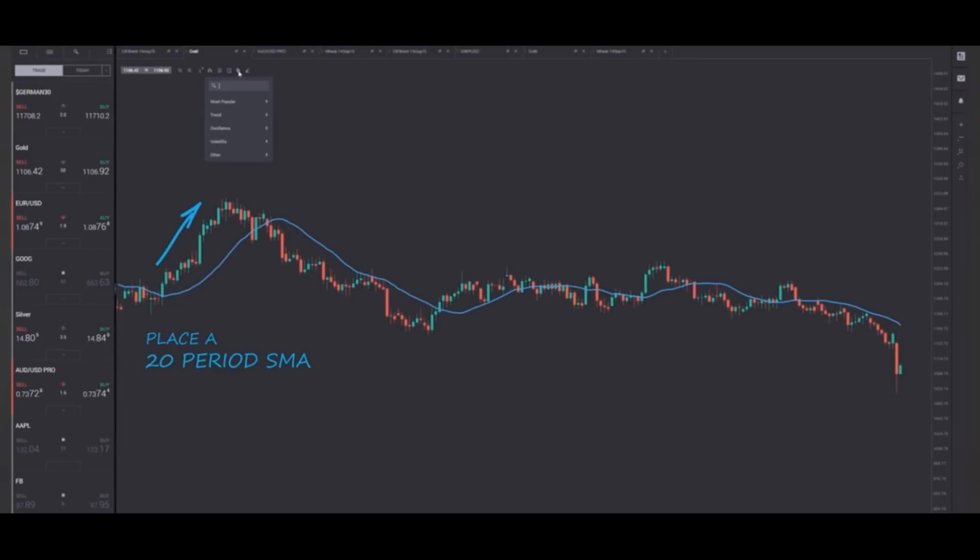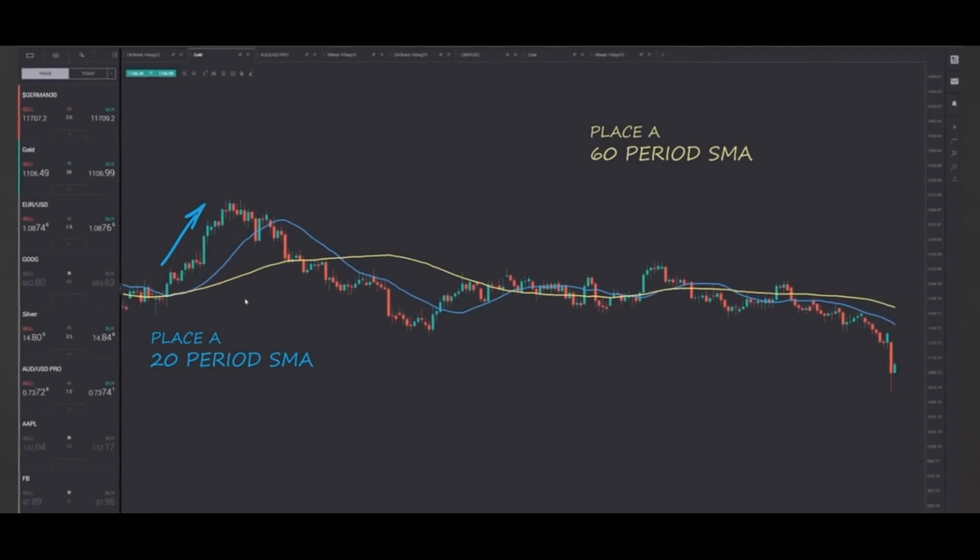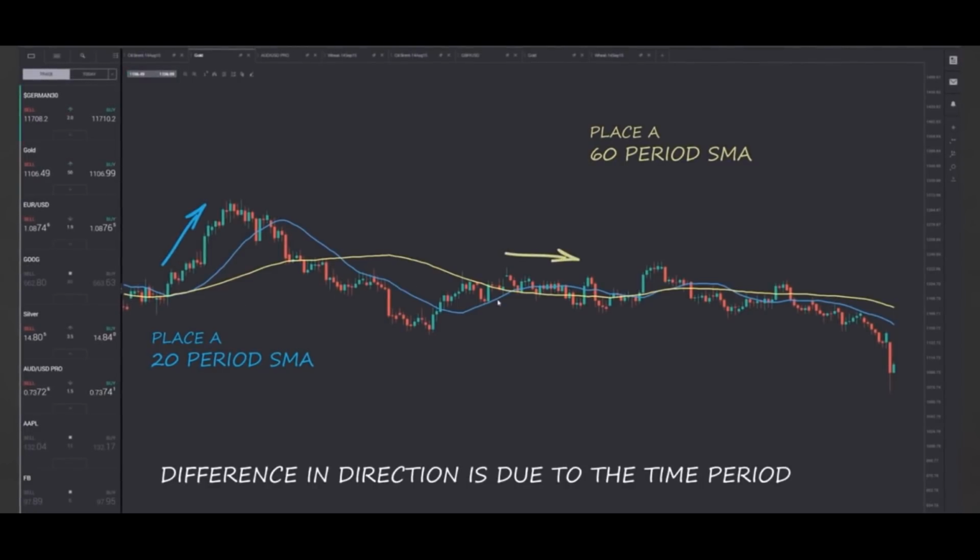Yet when we place a 60-period simple moving average in the same way, we see that it shows the price in a range with no clear upward or downward trend. The difference in the direction of the trend portrayed by the moving average is due to the time period.